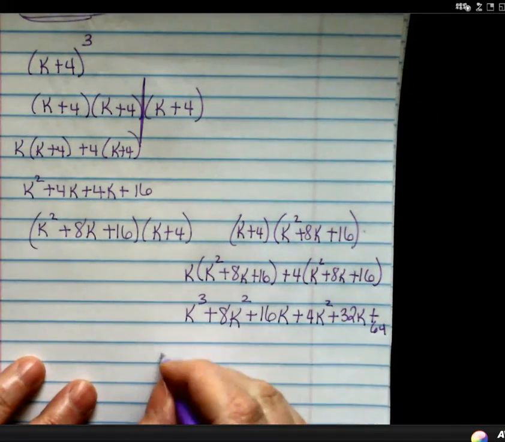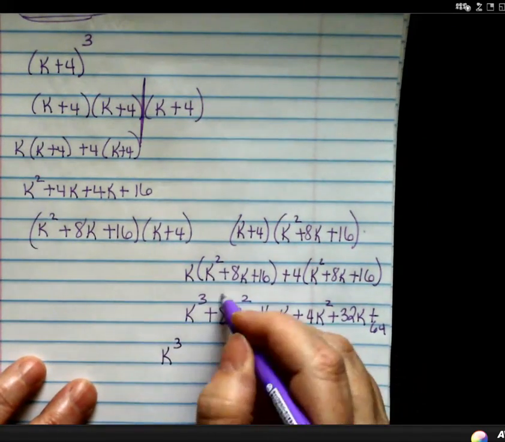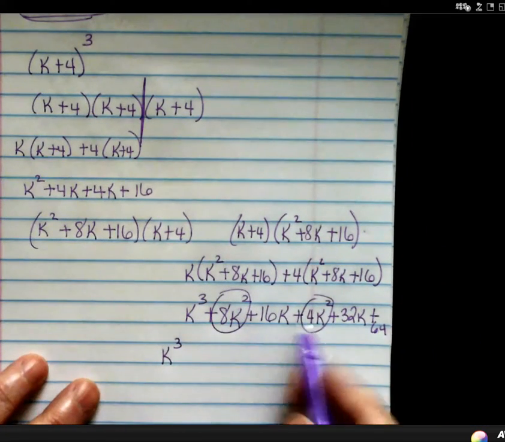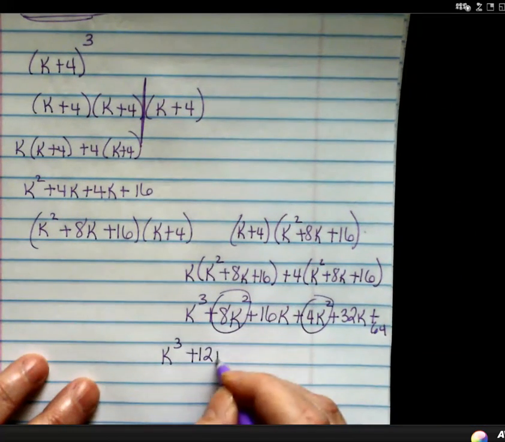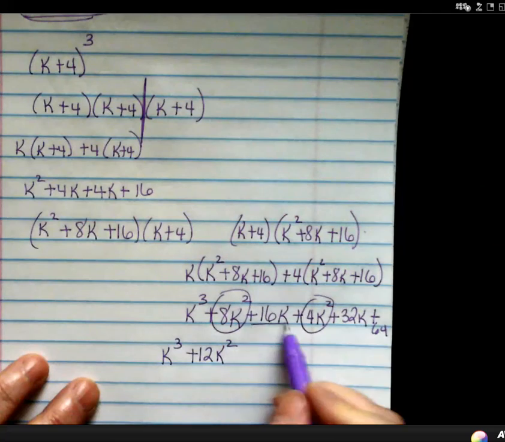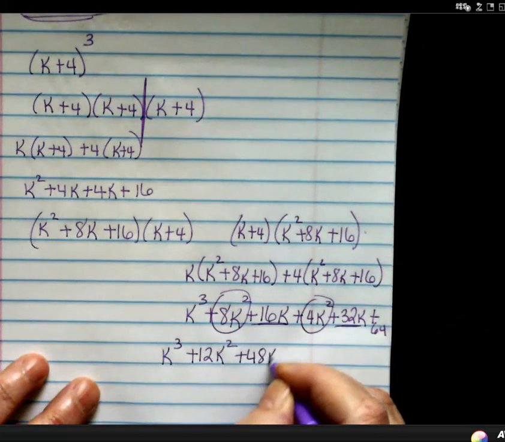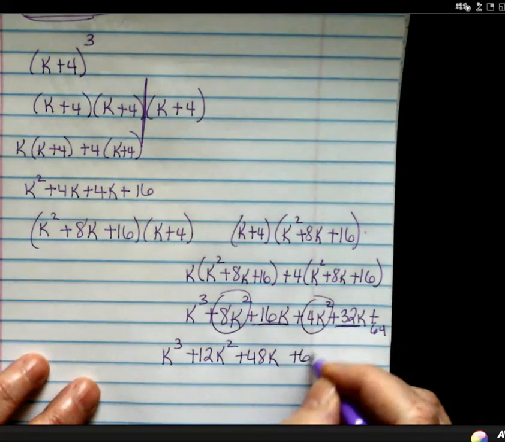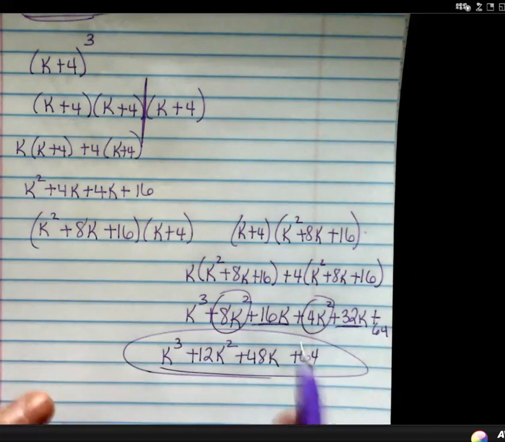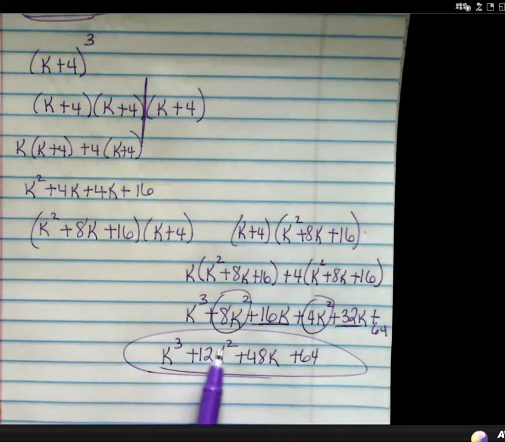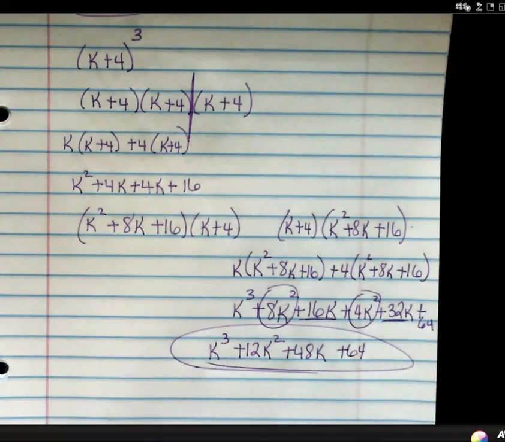I only have a k cubed, 8k squared, and 4k squared is 12k squared. 16k plus 32k is 48k, and then plus 64 is left over. Now, to be perfectly honest, it doesn't matter if you rewrite it or not, you're going to get the same answer. All right, so that's multiplying polynomials.